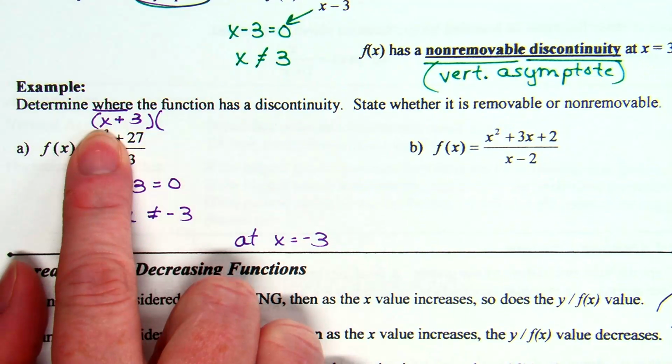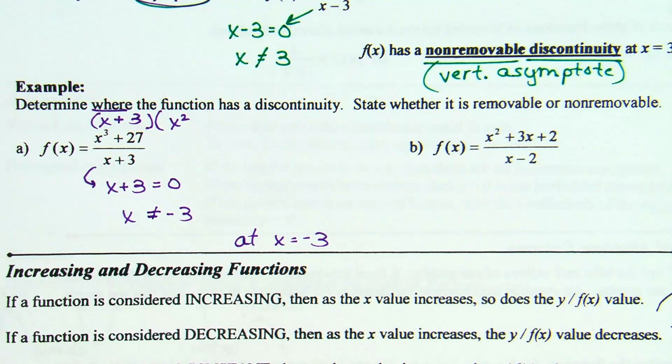The middle term means you take this x and the 3 and you multiply them. X times 3 is 3x, and we're going to use the opposite sign this time. And so the opposite of plus is going to be minus 3x.